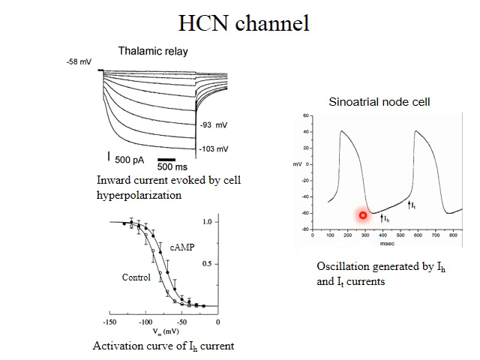If we look at the oscillation at this point in the cycle right here, the cell has hyperpolarized to about minus 60 millivolts. This will activate the HCN channel, and the cell will slowly depolarize as the HCN channel slowly activates. Now remember, the reversal potential for this channel is about minus 30 to minus 20 millivolts, so when the HCN channel opens, the cell will depolarize towards that reversal potential.